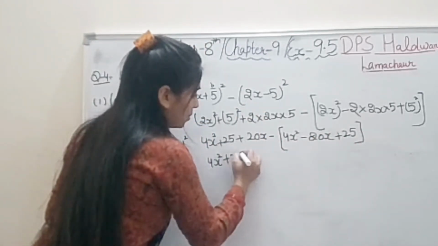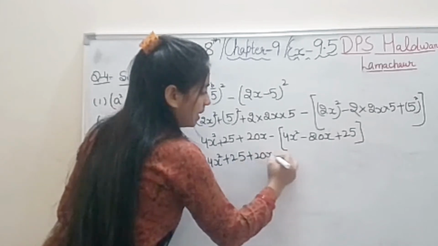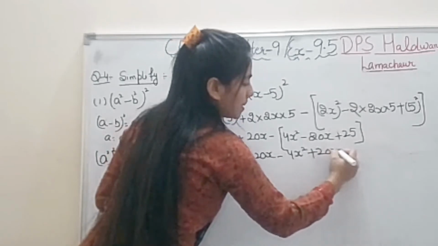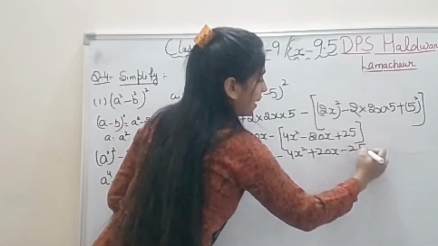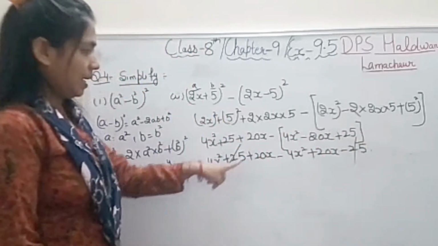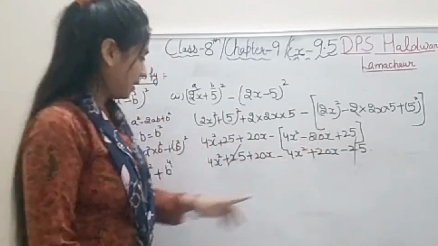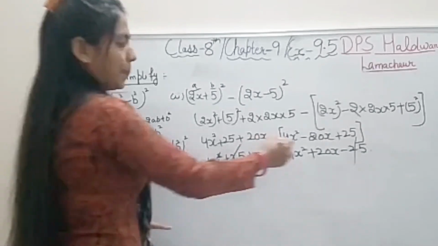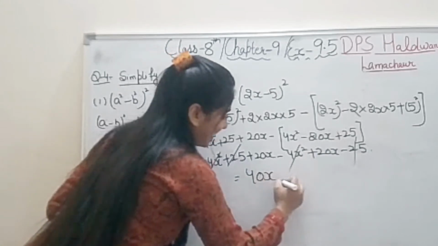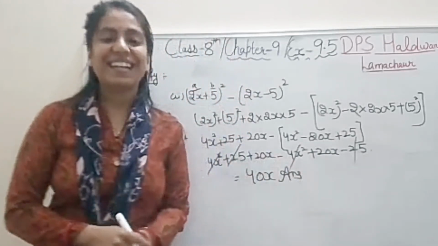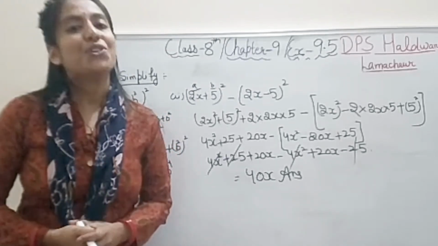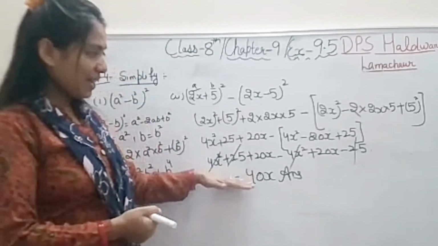This term remains as it is, and this will be minus 4x square, minus minus plus 20x, plus minus 25. Now solve it. This is plus 25 minus 25, plus 20x plus 20x, fine. Plus 4x square minus 4x square cancel. So the answer is 40x. Right, student? Very simple question. Here is just solution things only. I hope you got it.